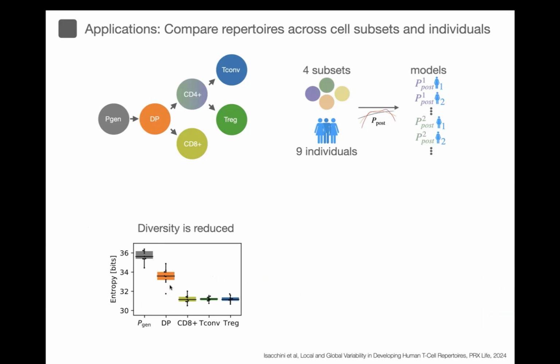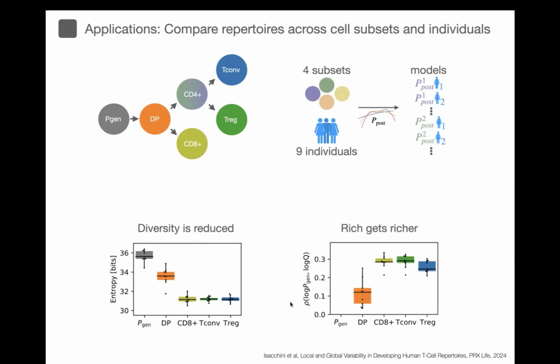As we go through selection, this diversity is reduced, and it turns out we get around 31 bits of entropy at the level of the single positive stage. This didn't have to be; diversity could have increased, or the distribution could have stayed the same. The fact that it is reduced is because of an effect of the rich getting richer. This has already been shown before.